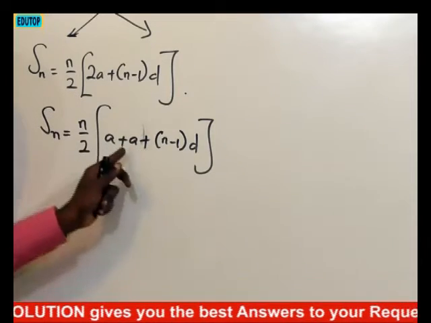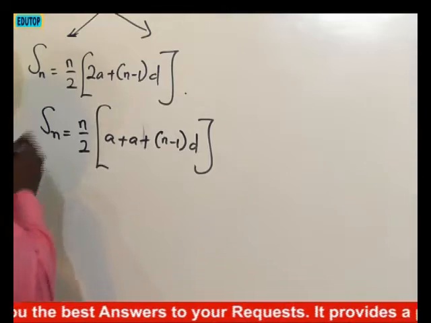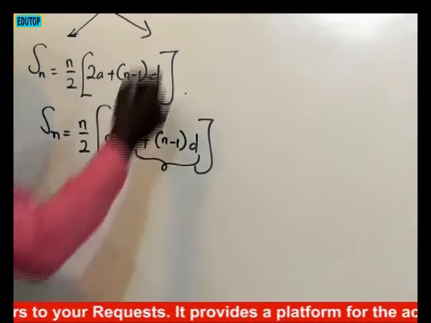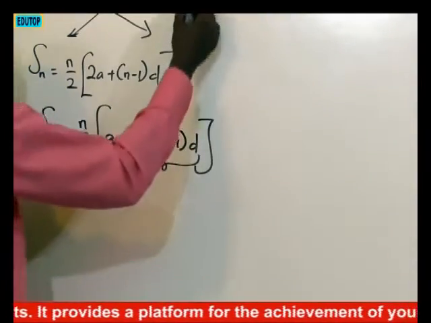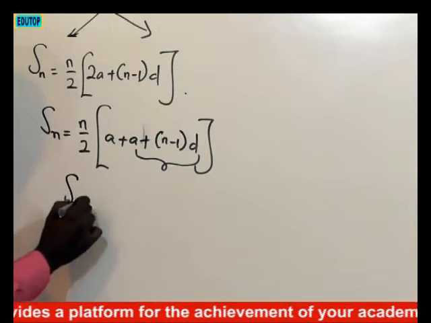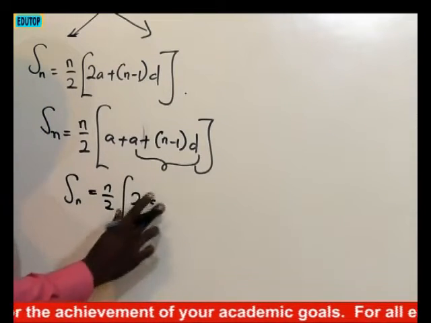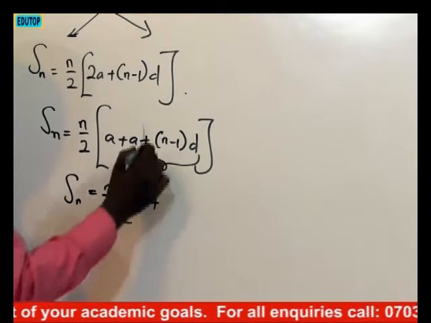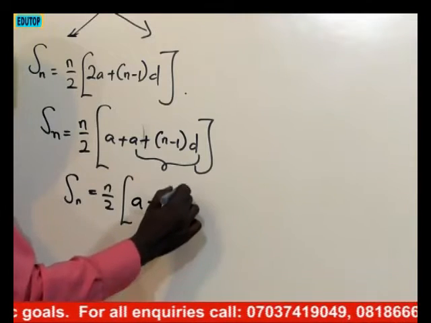From this point to this point is the last term, so instead of writing a plus n minus 1 d again, I'll just write L. Then I have the sum equals n over 2 into a plus L.